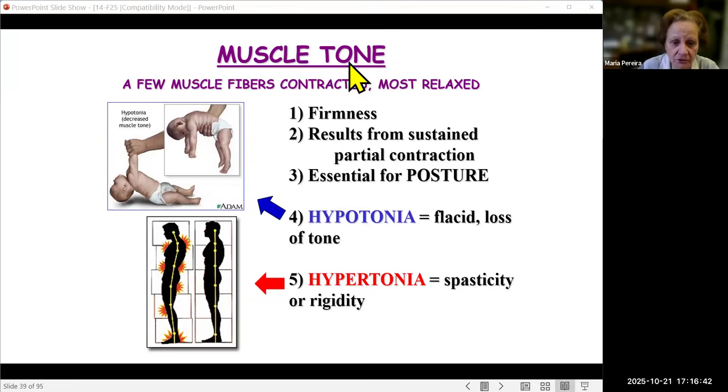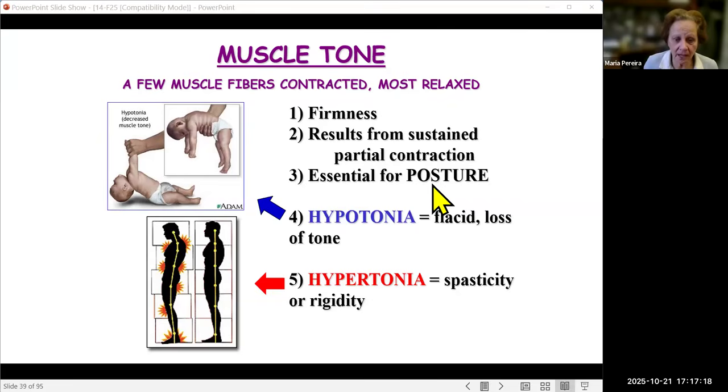So this muscle tone makes the muscles firm, right? They're not flaccid. They're not without any force. And the firmness with the tone depends on the sustained partial contraction of the muscle fibers. And this is essential for posture. So if we're standing up, you could say, oh, there's no muscles contracting in a person that's standing up and is still. No, that's not true.